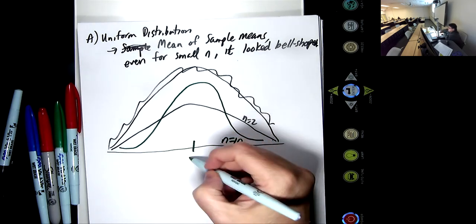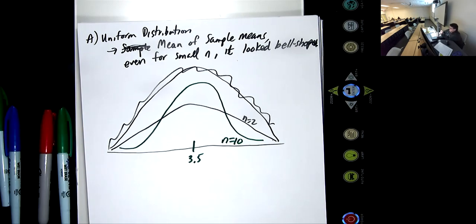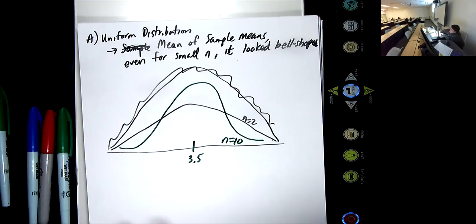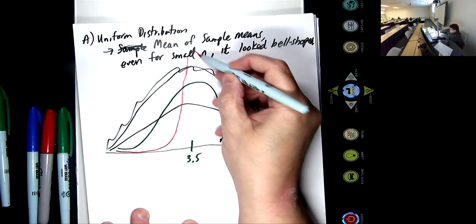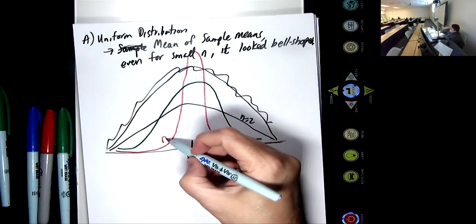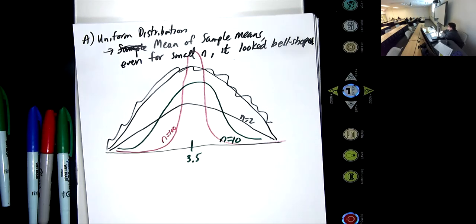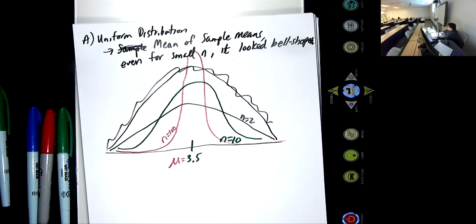The mean was 3.5 for all of them. And when we got to n equals 100, it kind of went like this. The mean here for each group was 3.5.